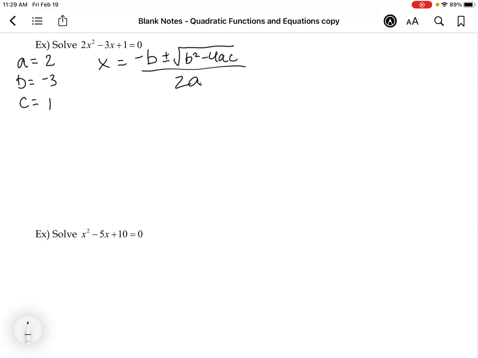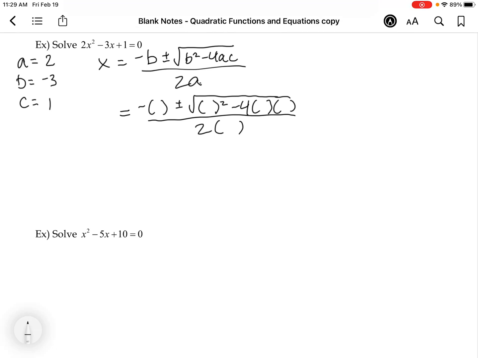And I always recommend substituting brackets in for these a's, b's, and c's first, and then putting the values into the brackets. So negative bracket plus or minus the square root of bracket squared minus 4 bracket over 2 bracket.